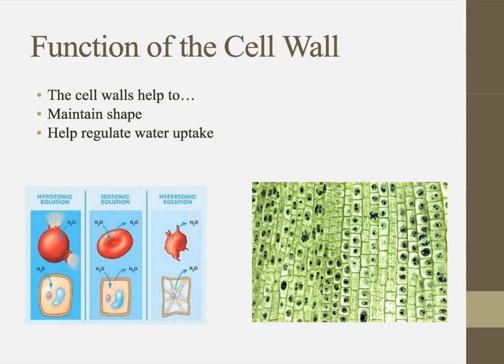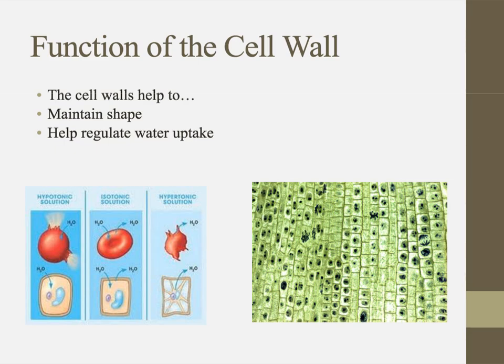Now, why is that cell wall really necessary? Well, those cell walls help those organisms do a couple of things. First, they help maintain the shape. It's a pretty rigid, tough surface. And it also helps regulate water uptake. We're going to talk a little bit more about this in one of our future chapters.